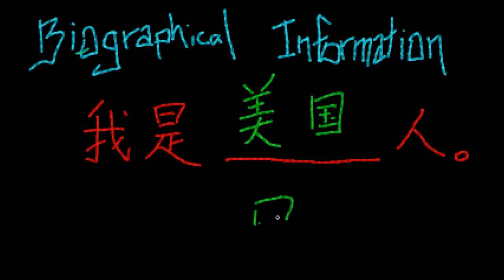You could put 中国 if you were Chinese. Or you could put 德国 if you're German, or 法国 if you're French. So 跟我说我是美国人. 好的.